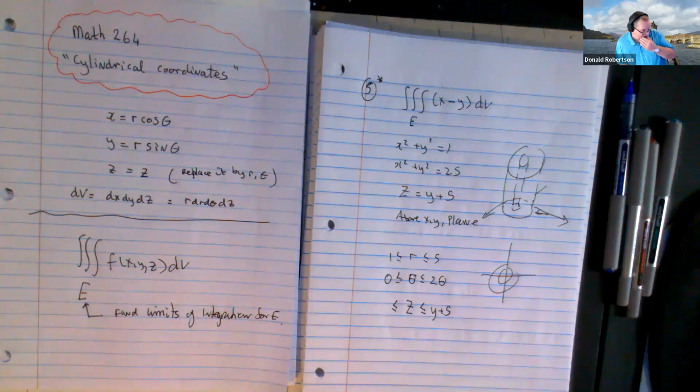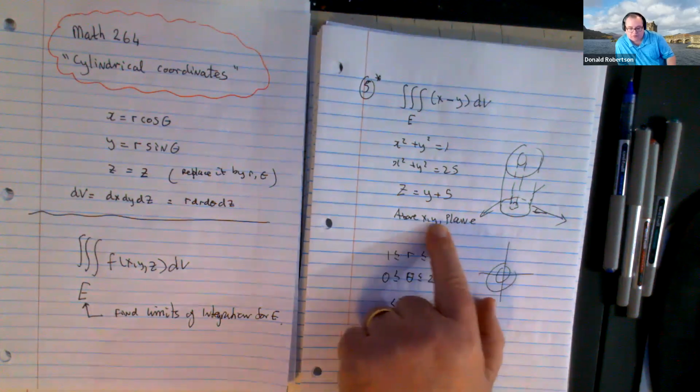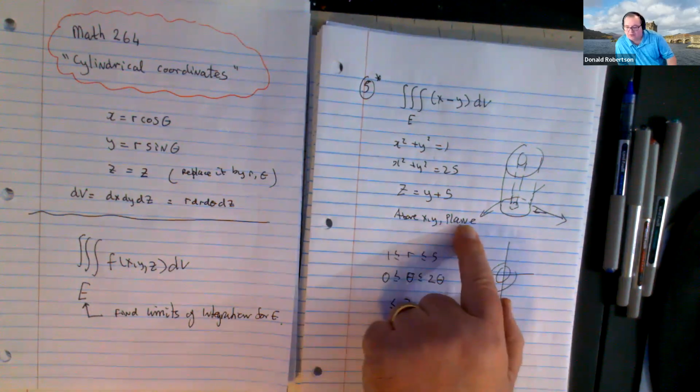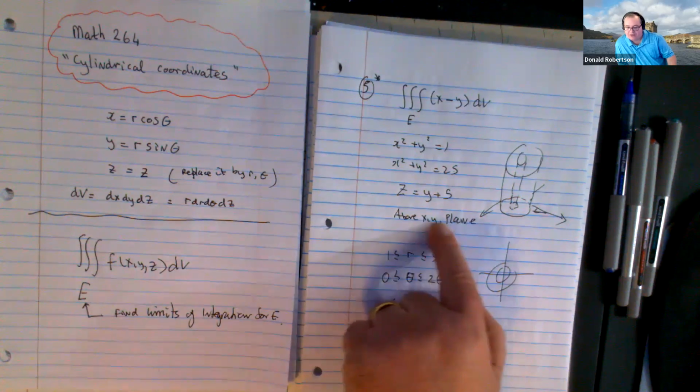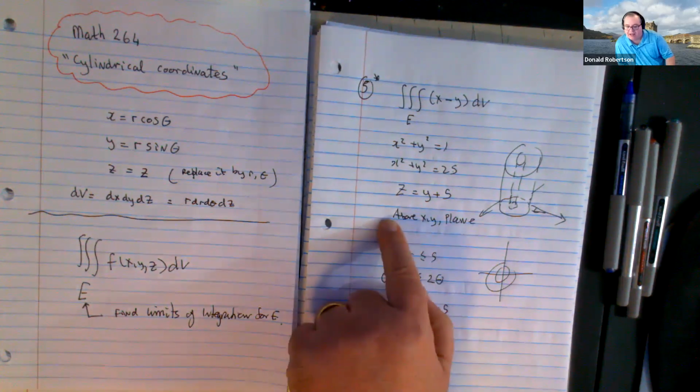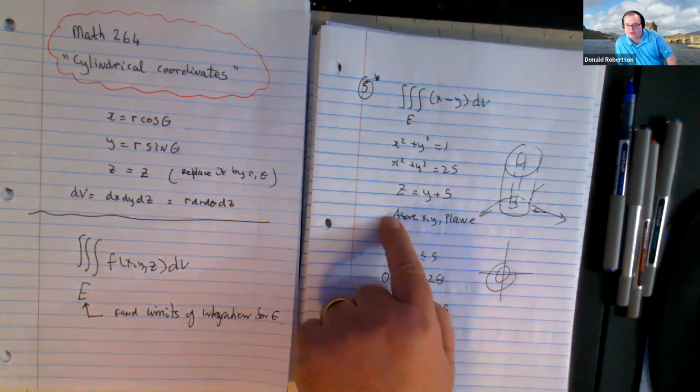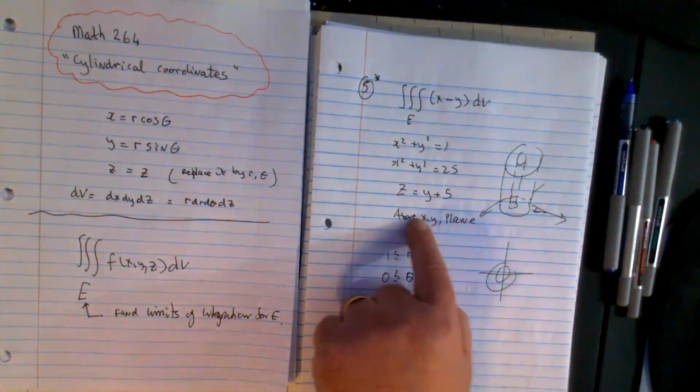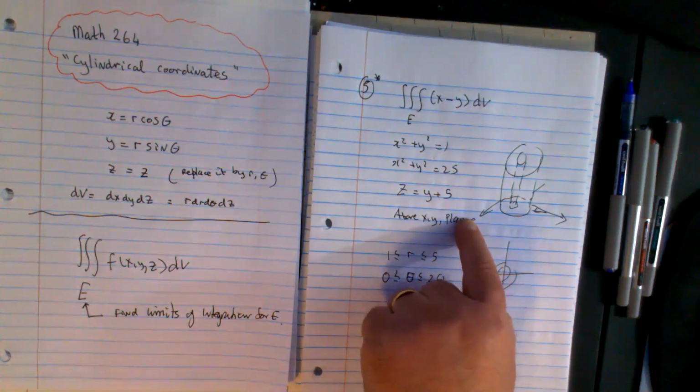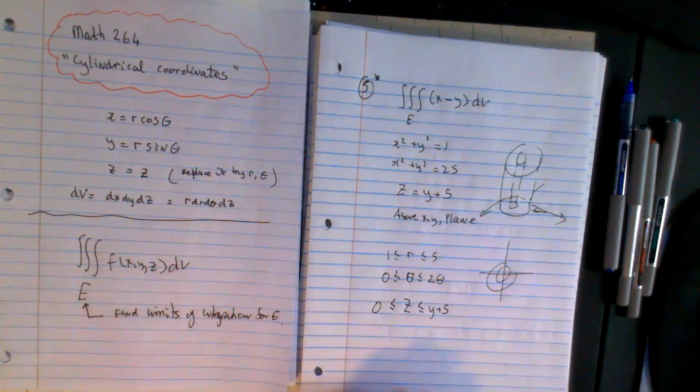Let's just check that. This is the clue. What is z when you reach the xy plane? I keep calling that the floor. What's the z value? Oh, would it be 0? Okay.